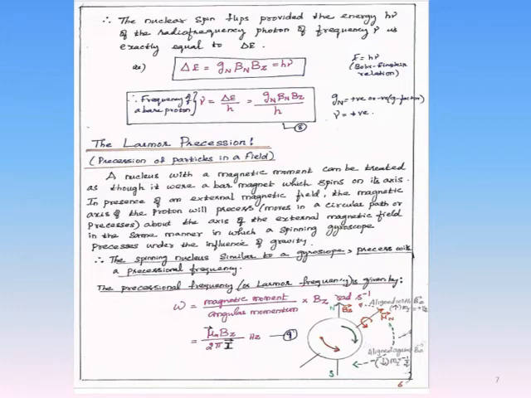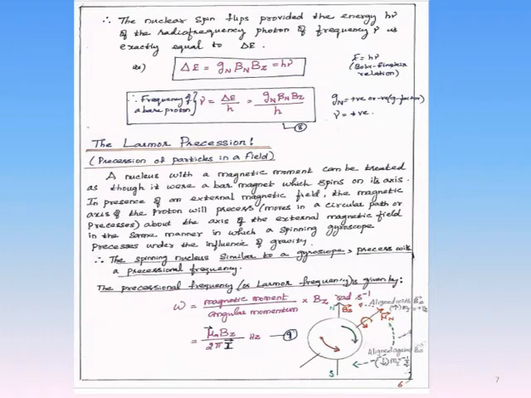This diagram shows that the nuclear spin, which possesses a magnetic moment, when under the influence of the applied magnetic field, will have two orientations. One aligns with the applied magnetic field, that is, Mi will be plus 1 by 2.